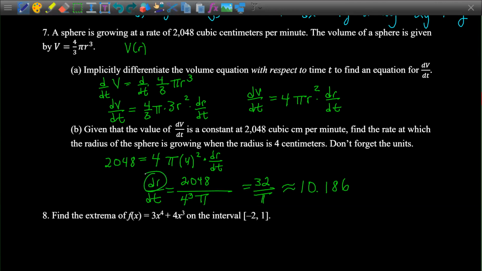And so what are the units of the radius? That is centimeters. And the units of time, per second.